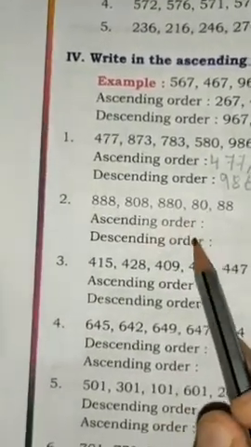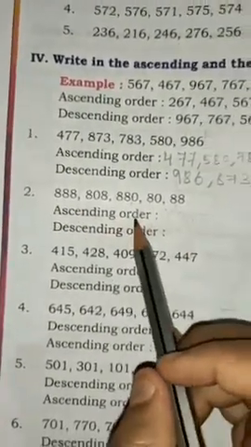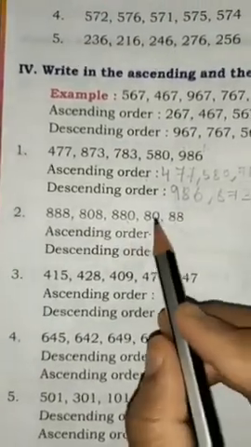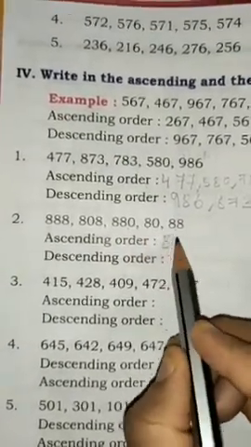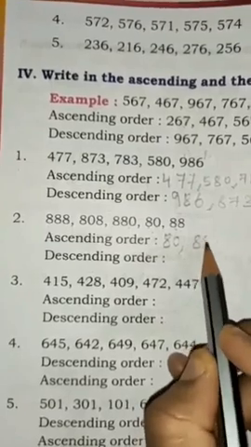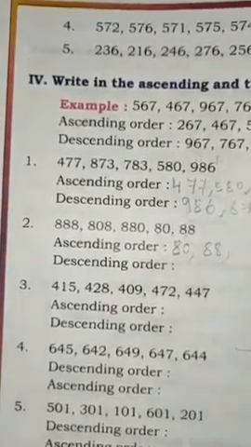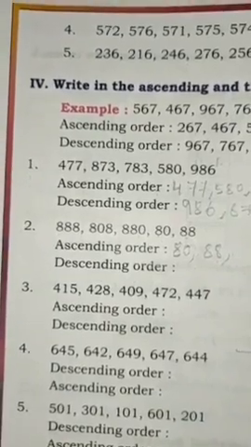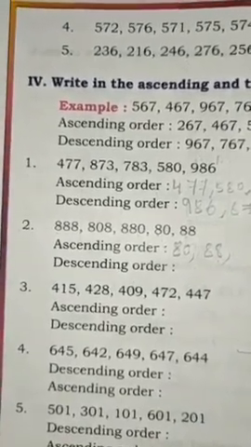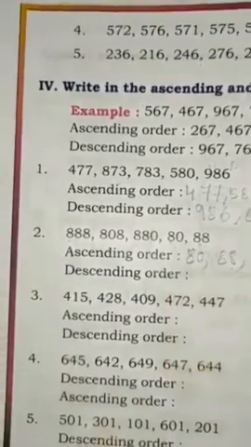So here, which is the smallest one? Because ascending order means you have to go from small to big. Which is the smallest one here? 80, right? Next, 88. Next, which is the biggest after the 88? We have to go from small to big, right?